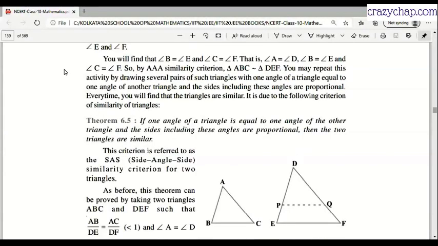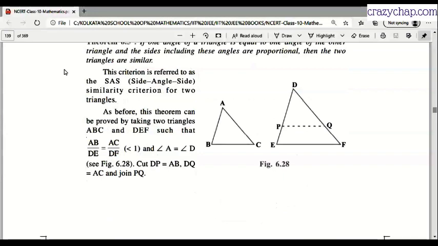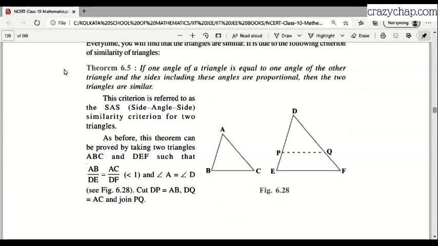The third rule to check similarity is SAS. As the name suggests, side angle side. So we talk about the two side ratios because in similarity, we always talk about the side ratios. So two side ratios and the in-between angle have to be equal.